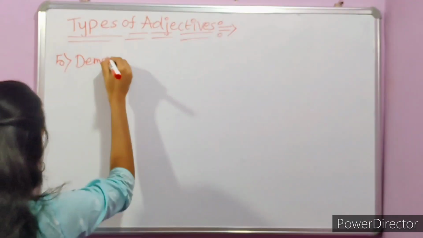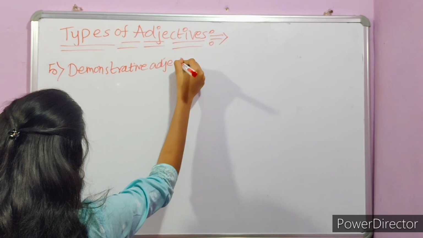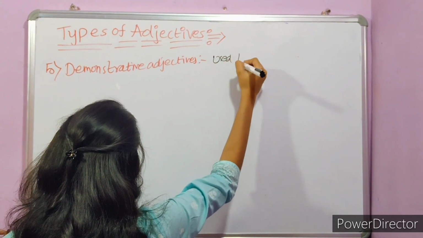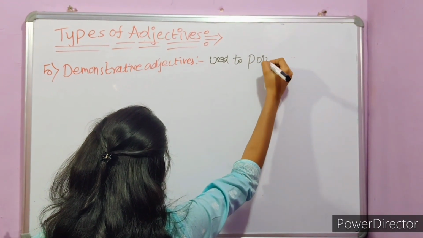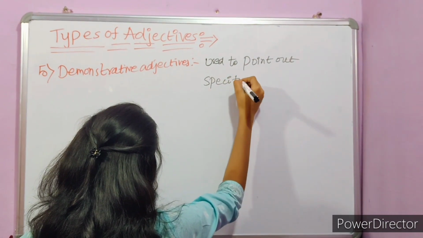Demonstrative adjectives. They are used to point out specific things.